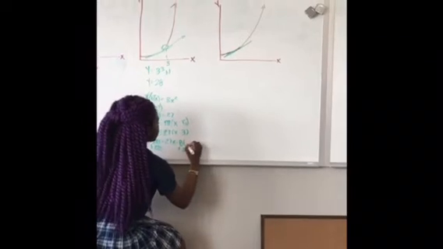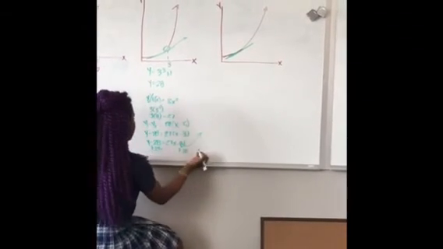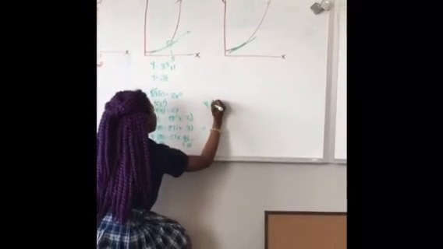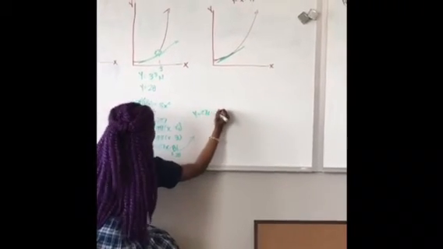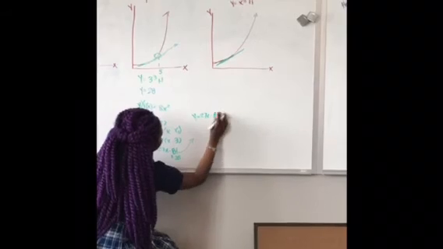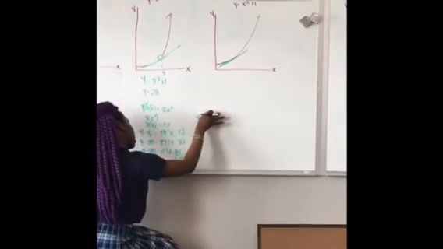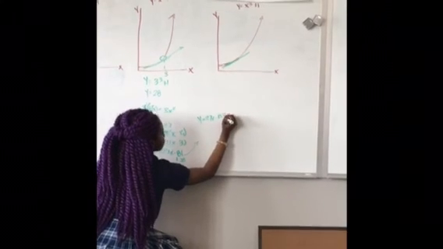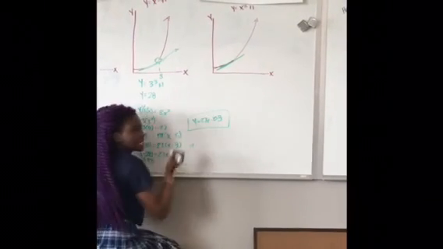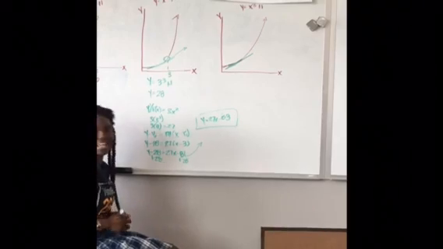The final answer will be y equals 27x minus 53. And that, my ladies and gents, is the tangent line.